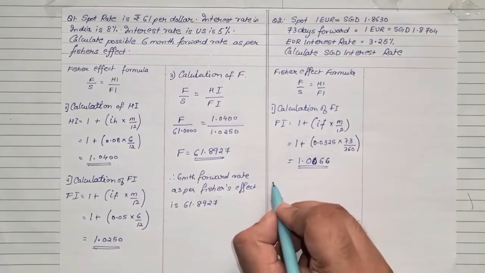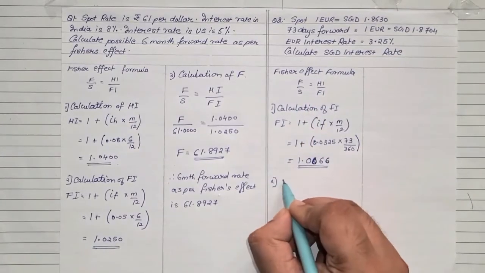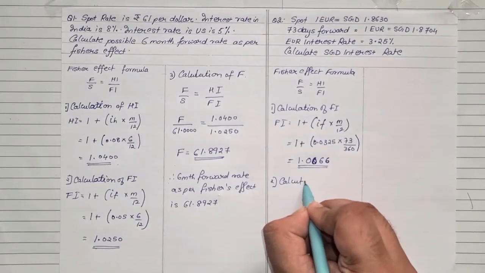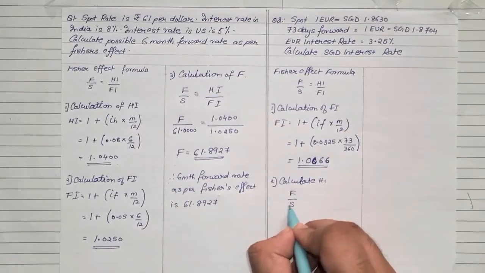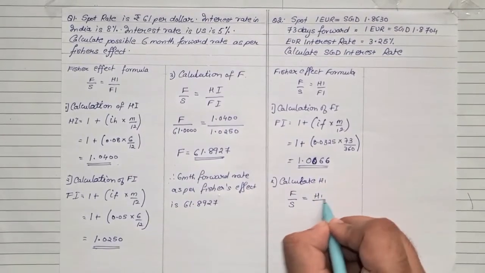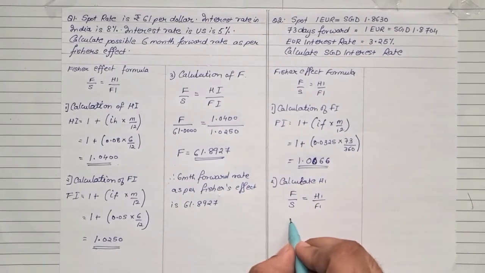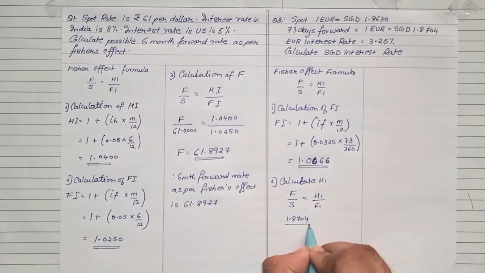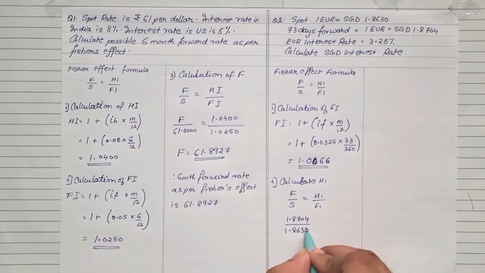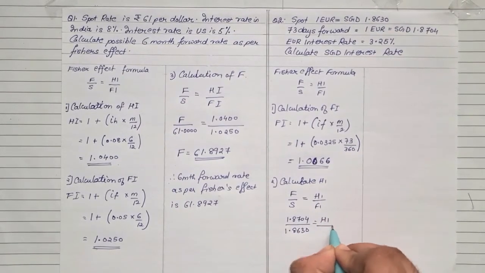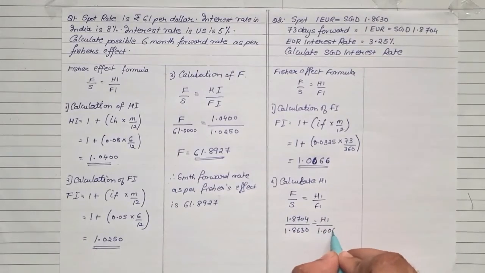So now second step, we will calculate HI, where the formula is F upon S is equal to HI upon FI. Forward rate is given in the question as 1.8704. Spot rate is given in the question as 1.8630. HI we want to find, and FI we just now found, 1.0066.